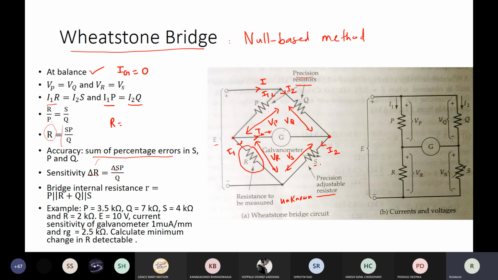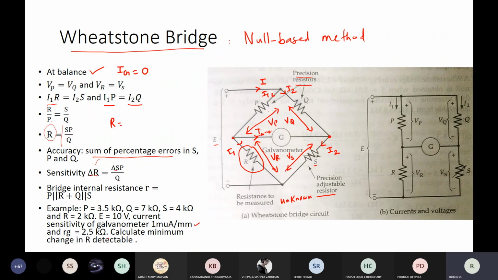Even though you can vary S very precisely, the galvanometer, as I mentioned, will have some finite sensitivity, which is mentioned in terms of microampere per mm.